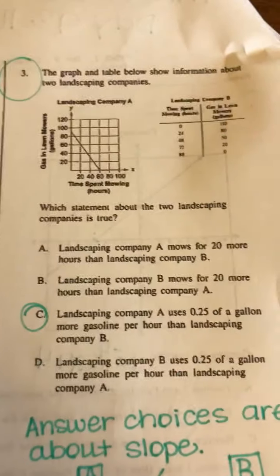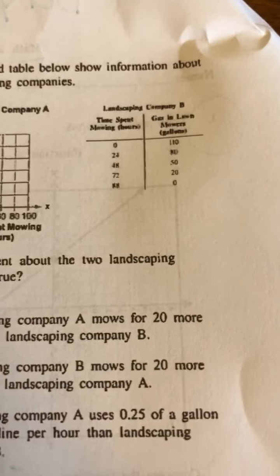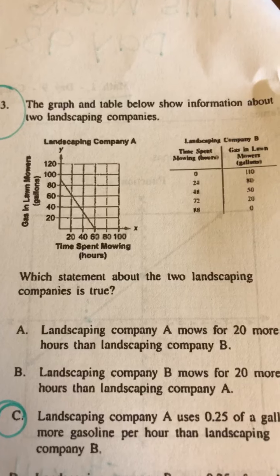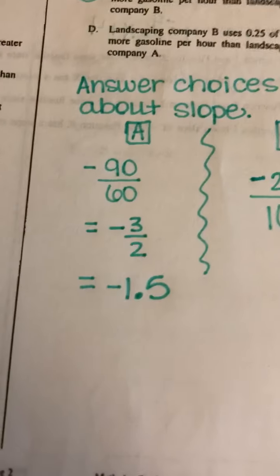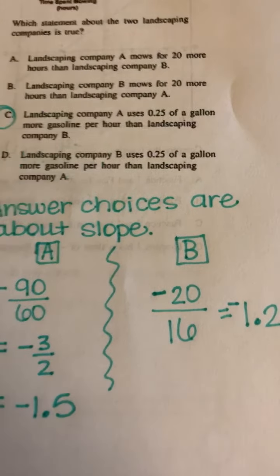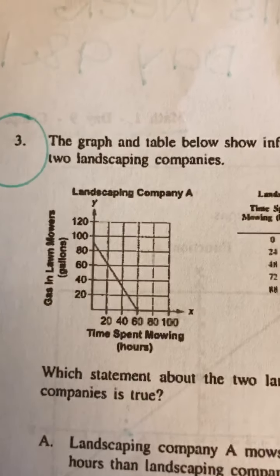The next one I want to go over is number 3. So you are given a graph for Landscaping Company A, and you're given a table for Landscaping Company B. And it says which statement is true about the companies. So when I looked at my answer choices, all of them were about slope, so I actually found the slope of each.